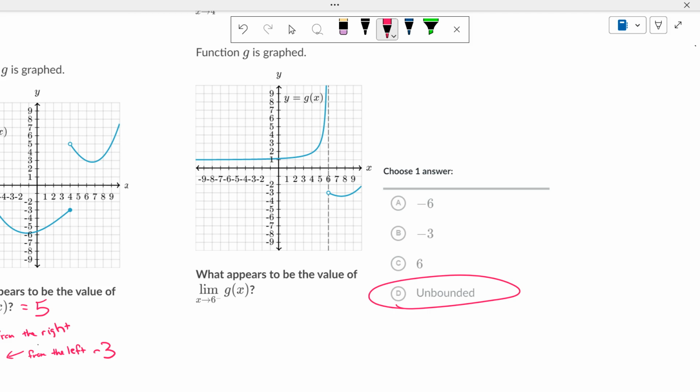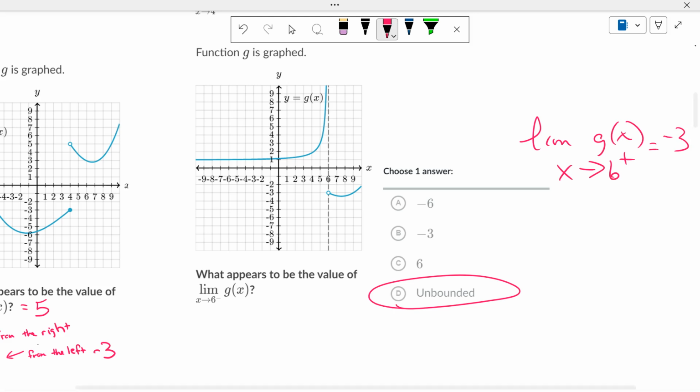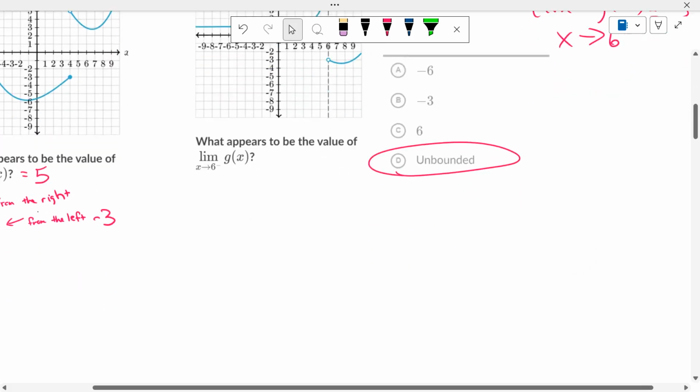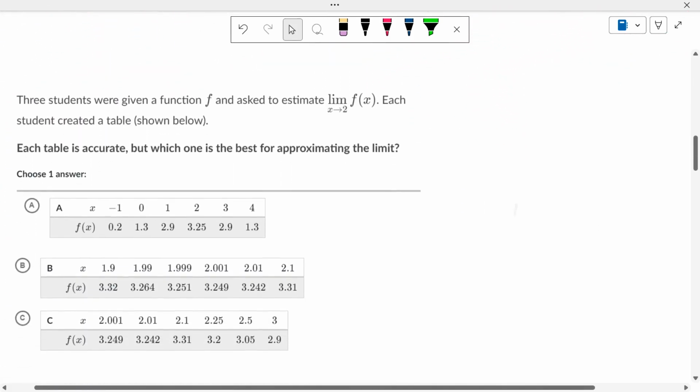What about as it comes from the right? What's the limit of g of x as x approaches 6 from the right? It'd be negative 3, because as it's coming from the right, it goes to there, which is negative 3. Okay? All right. And there is no limit there. The limit does not exist because they separate.